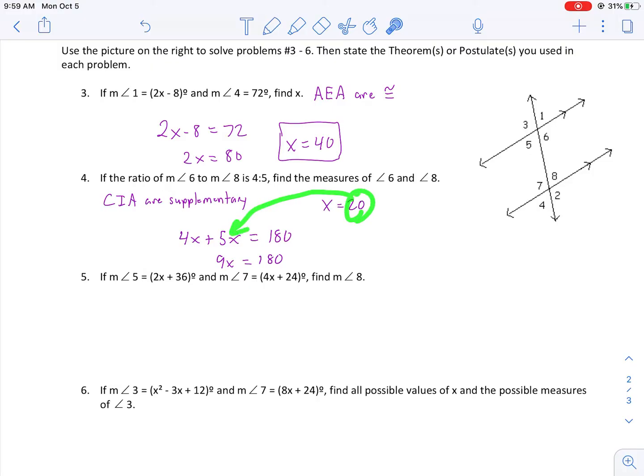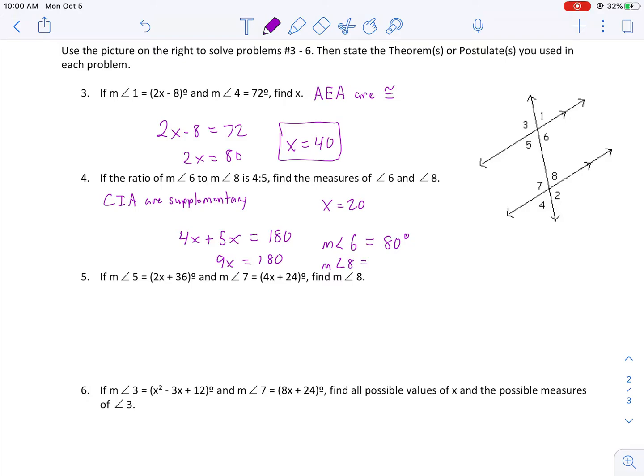And now we can plug our x into 5x and 4x to get our two different angles. Angle 6 is smaller because it's 4 to 5 compared to angle 8. And so the measure of angle 6 is equal to 4 times 20, which is 80 degrees.